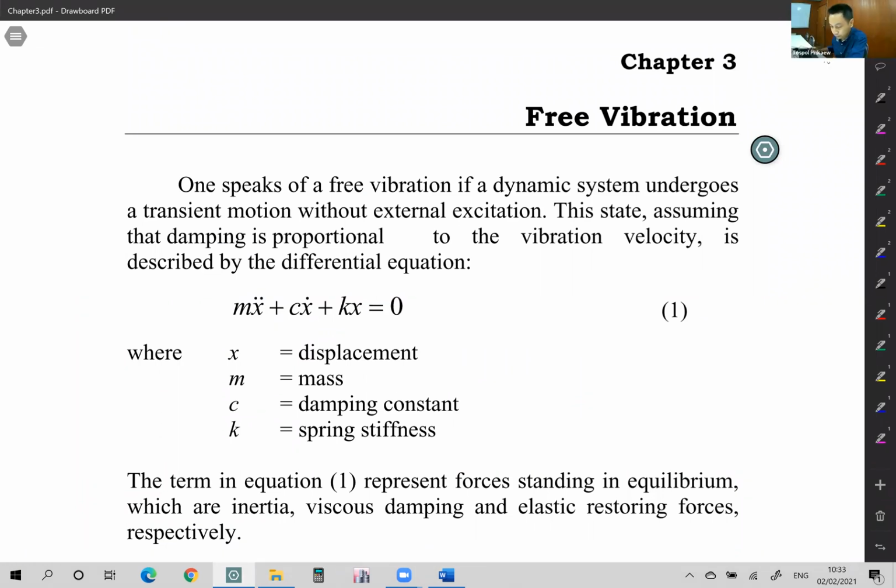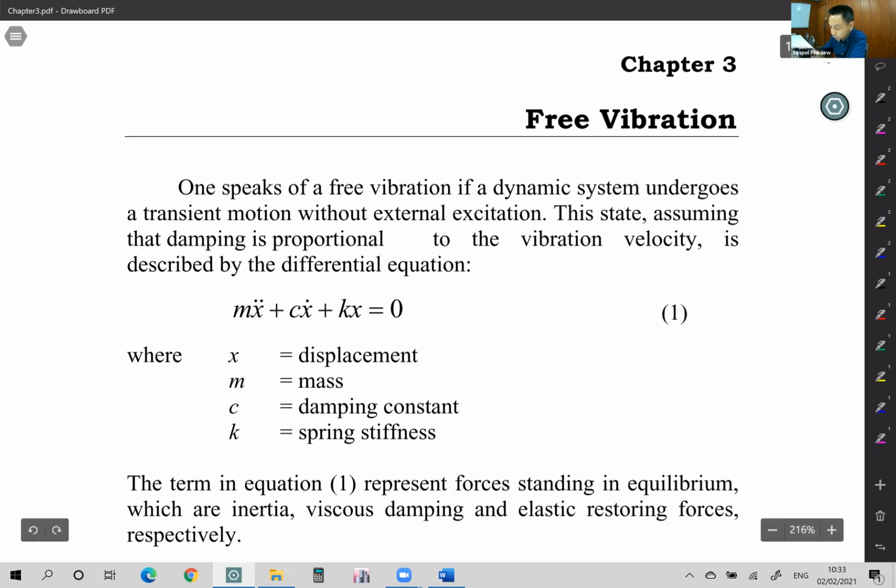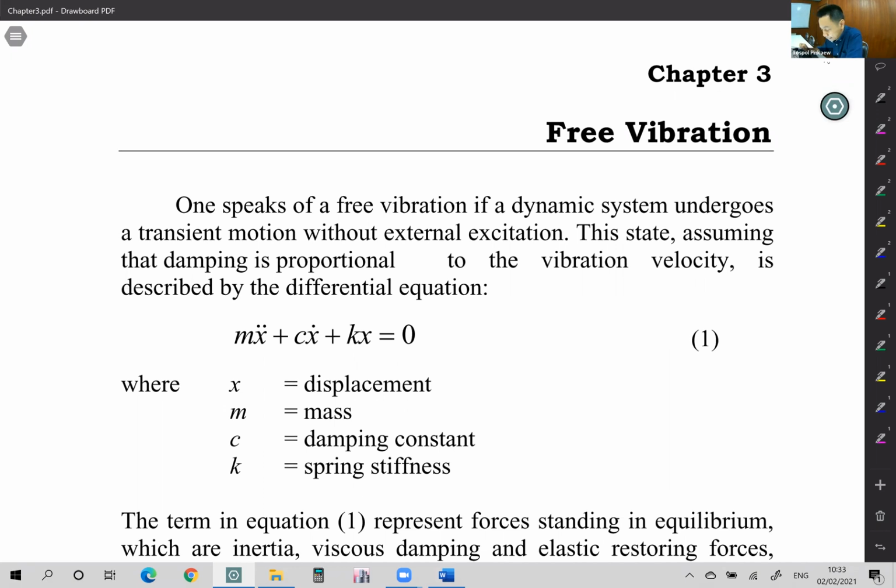For today's discussion, I would like to proceed on chapter 3, where we are talking about free vibrations. Before we start, I would like to provide you a big picture with the actual building.